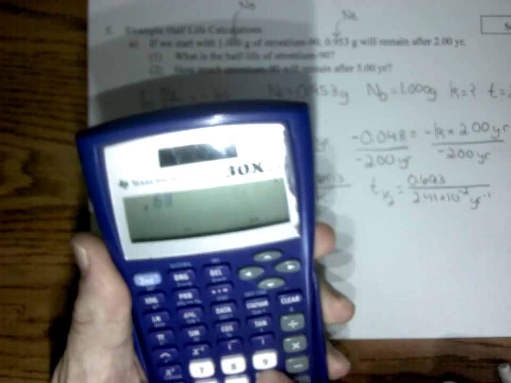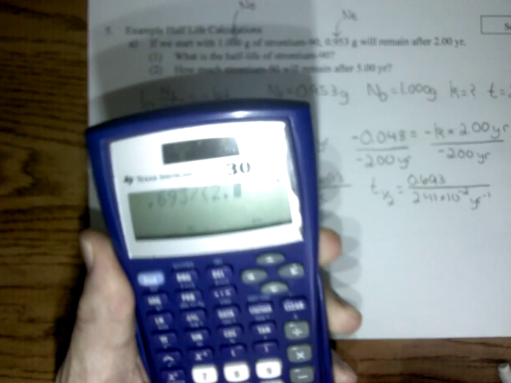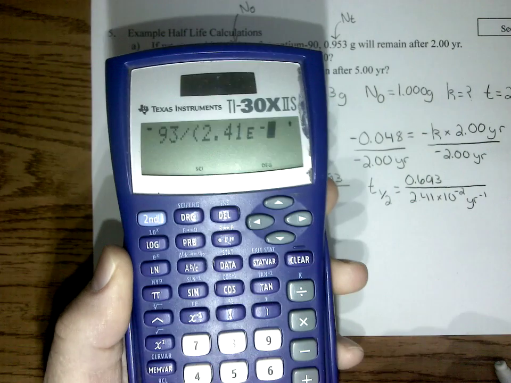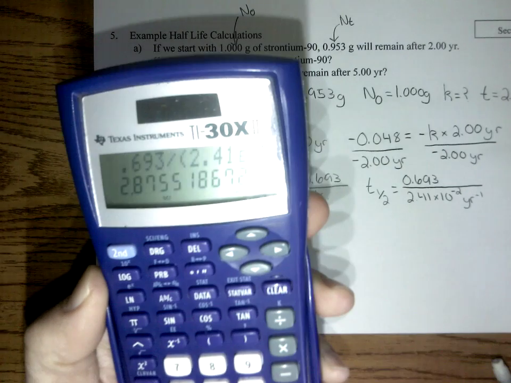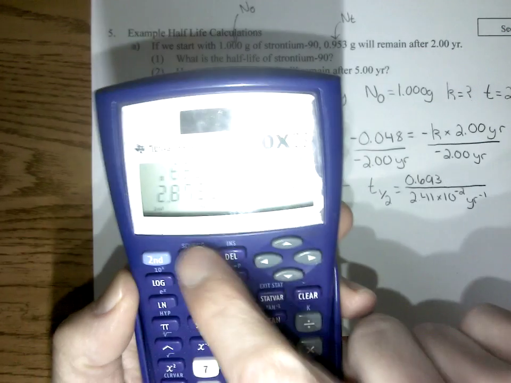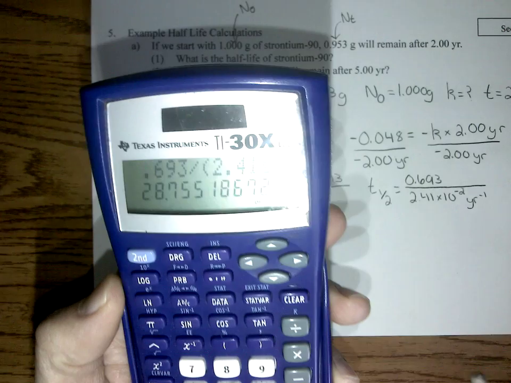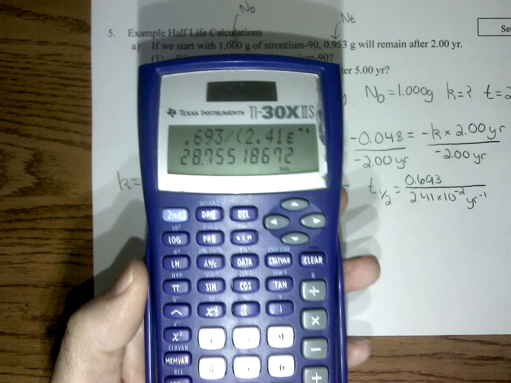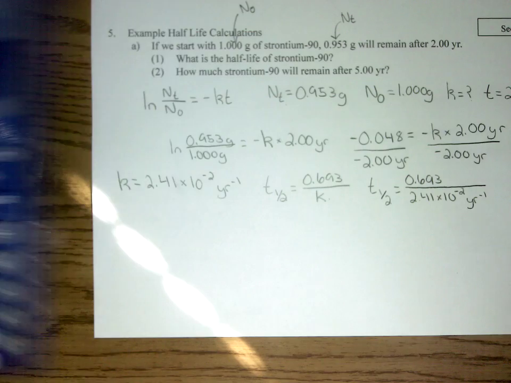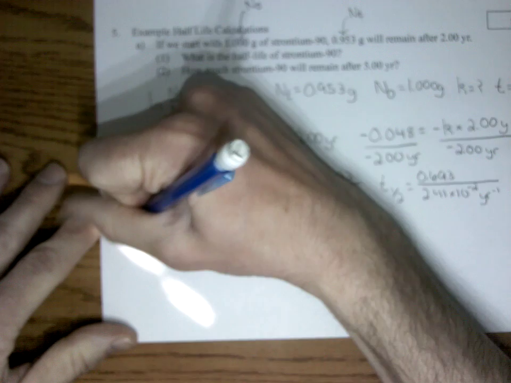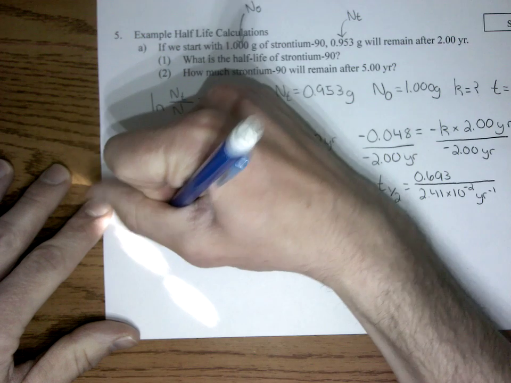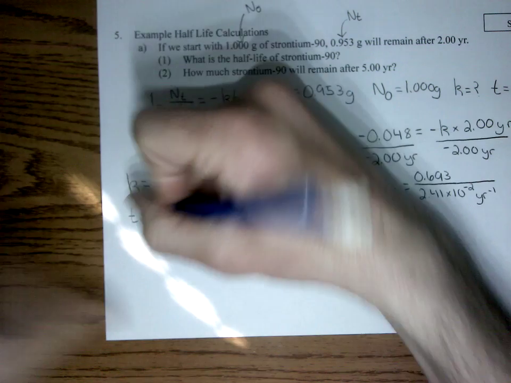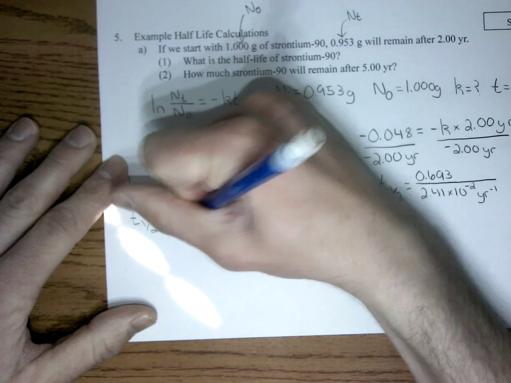So I'm going to get 0.693 divided by 2.41 times 10 to the negative second, and I press enter. And my half-life here, I'm going to take this out of scientific notation, is 28.8 years by the time I round. So again, the half-life of strontium-90 in these calculations here is 28.8 years.